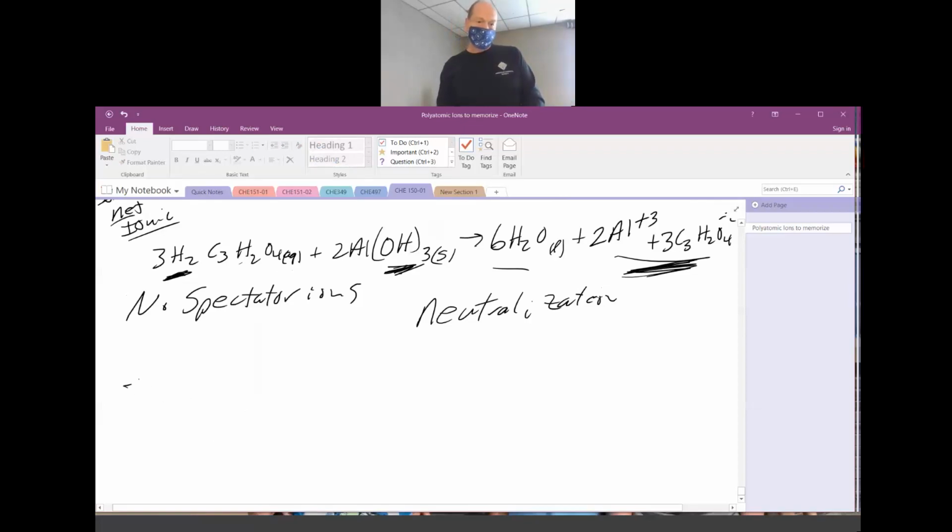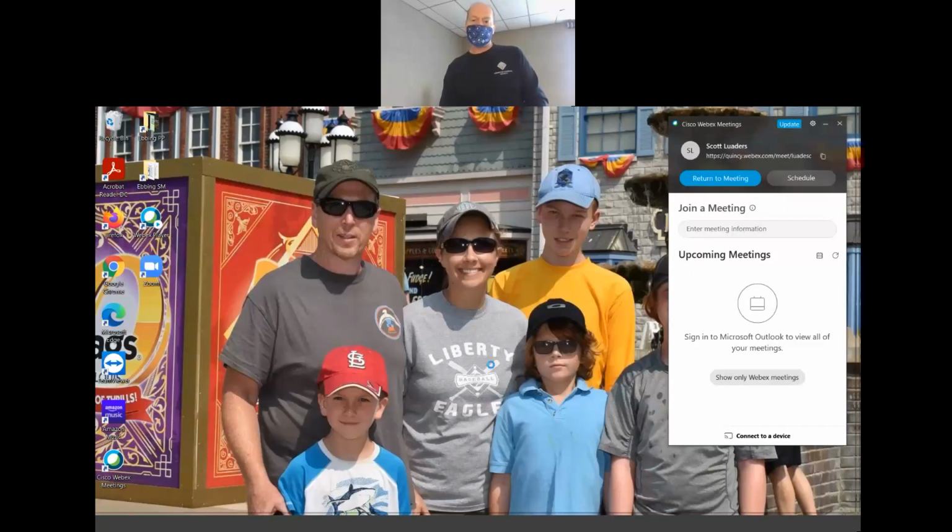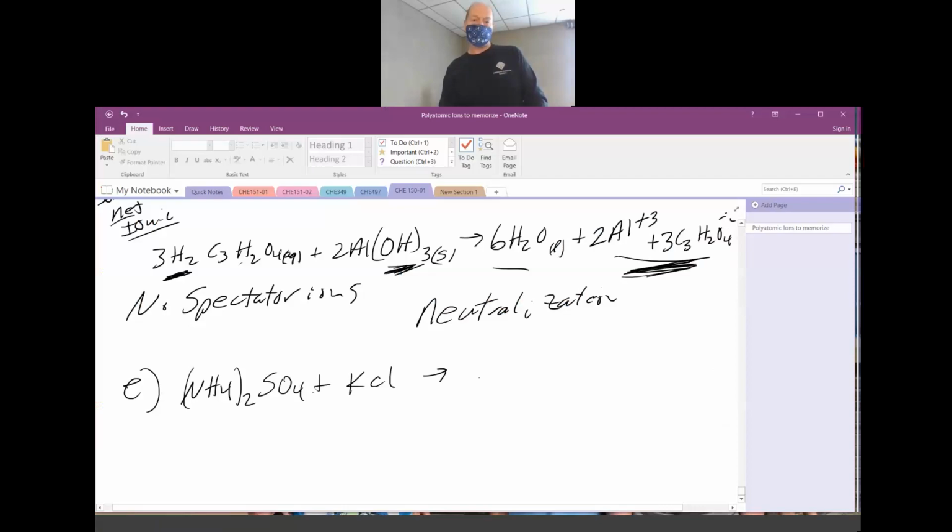Part E. Here we have NH4 sub 2 SO4, ammonium sulfate, with potassium chloride. We do our double replacement reaction. So our NH4 is going to go with our Cl, NH4Cl.